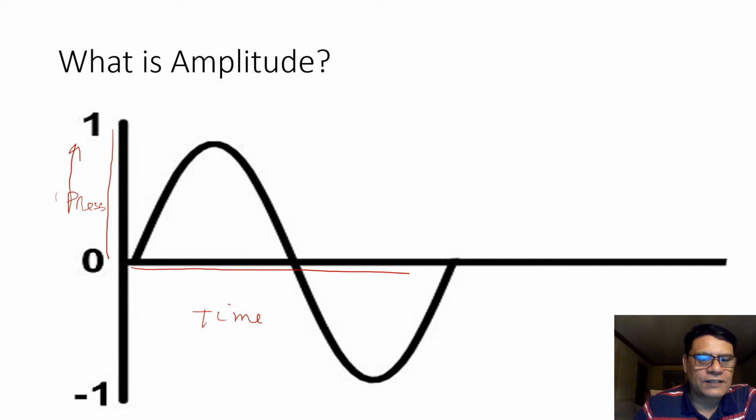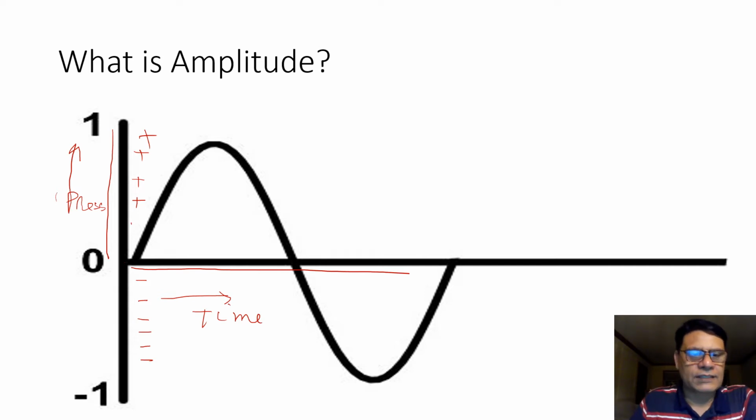Pressure increases in this way and time increases in this way. And this is called the neutral line, a resting position, or zero line. Above this line, all values will be positive, and below this line, all values will be negative.